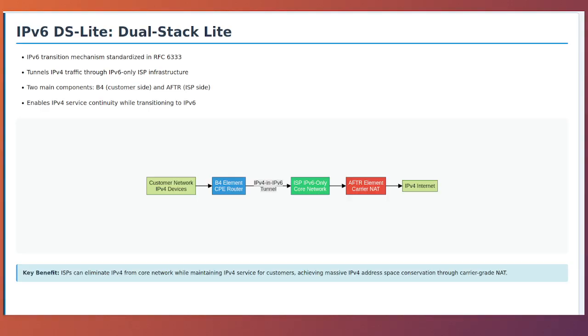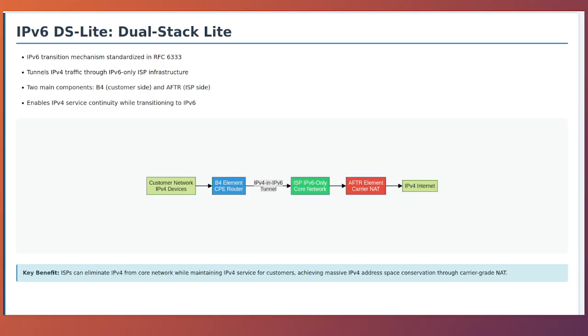The AFTR performs the critical function of decapsulating the tunneled traffic and providing NAT for the private IPv4 addresses used by customers. This two-component architecture creates a clean separation between the customer's IPv4 requirements and the ISP's IPv6-only infrastructure.